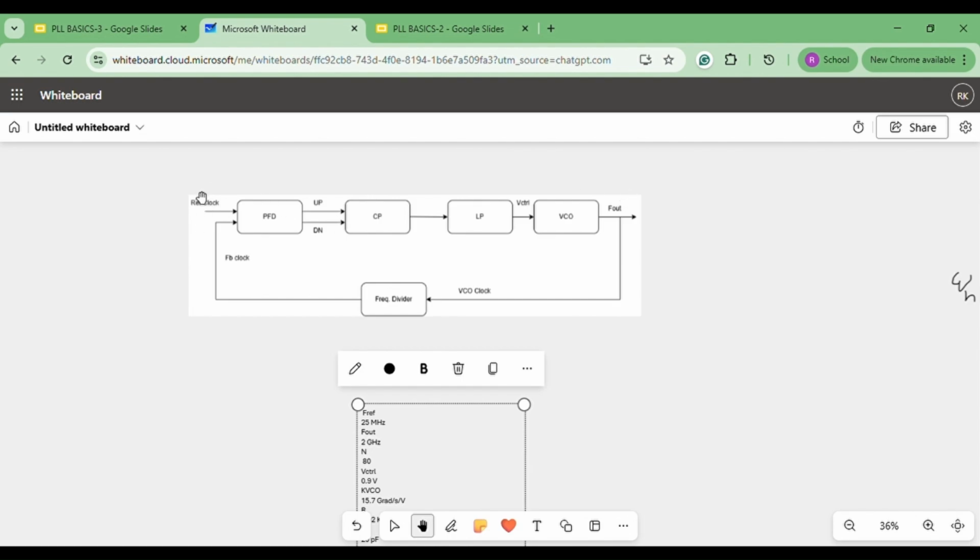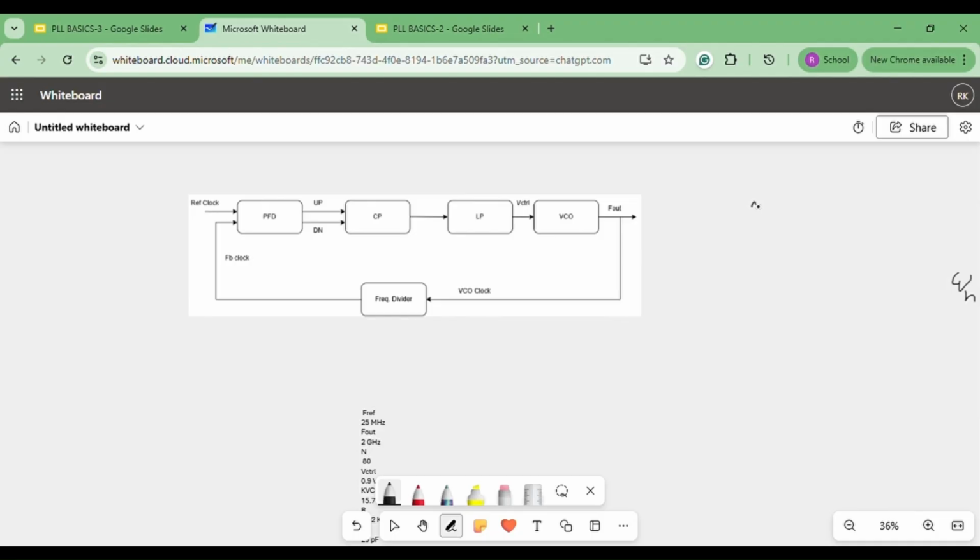So since the reference clock is 25 megahertz, and we are designing this PLL for an output clock of 2 gigahertz, the divider ratio will be 80, basically 2 gigahertz divided by 25 megahertz. So the divider ratio of frequency was N equal to 2 giga by 25 mega, which is nothing but 80.